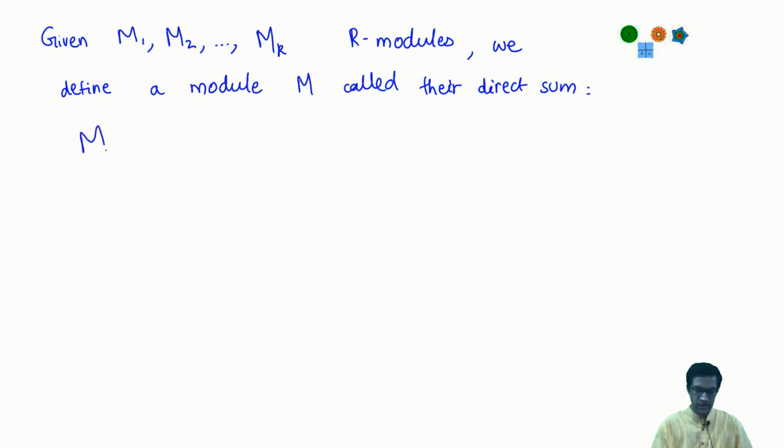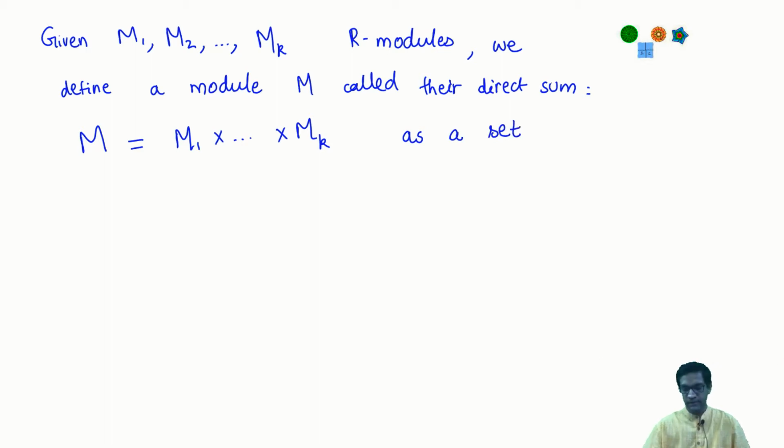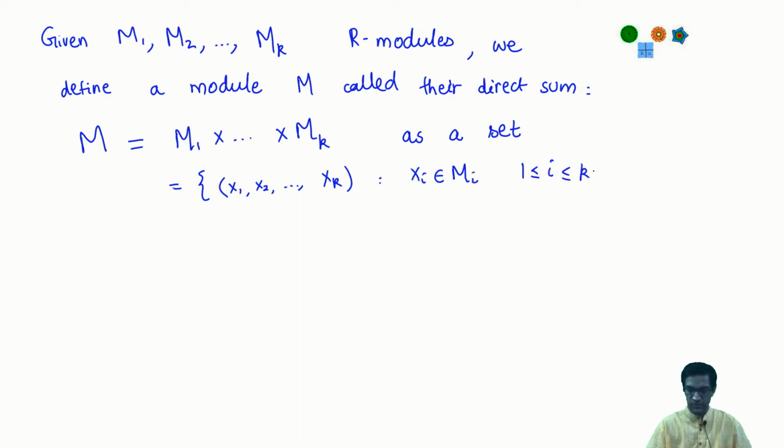We first need to specify what M is as a set. Purely as a set, it's just the cross product of these. In other words, the elements of M look like ordered tuples x1, x2, up to xk, where each xi is an element of the corresponding Mi, i runs from 1 to k.